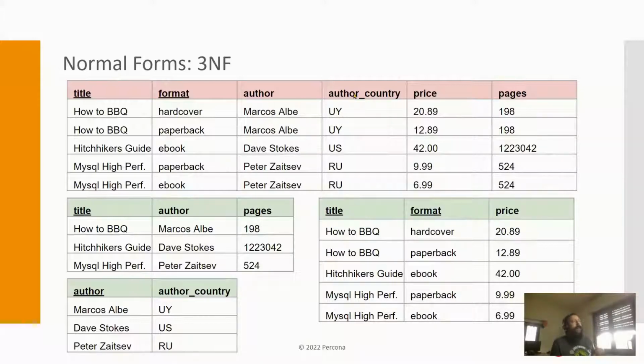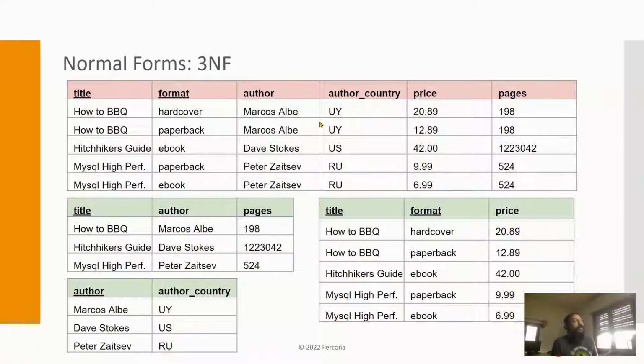So the author country is an indirect dependency on the title. And that's what the third normal form wants to avoid. It doesn't want you to have data about this guy on this table, because we could identify this guy via the title, and then later we could identify the country via the author.